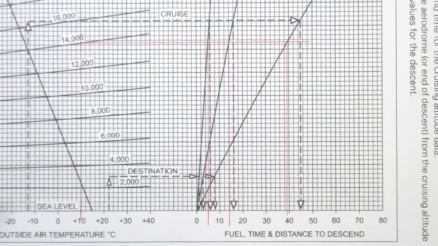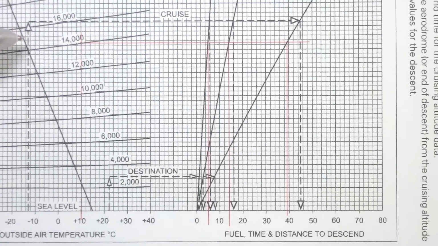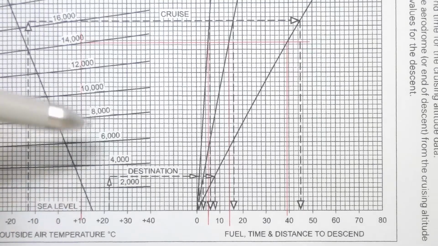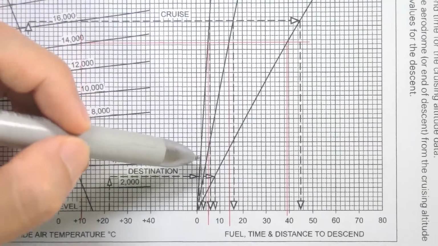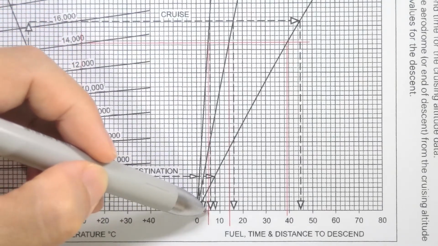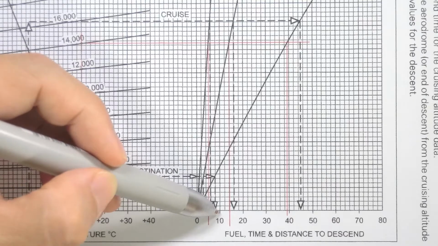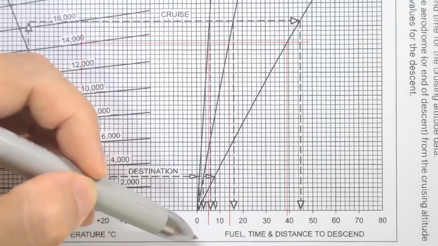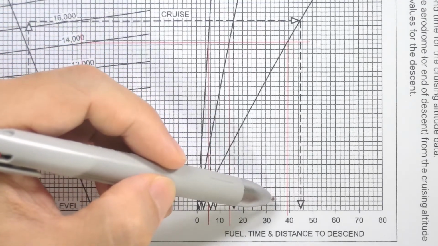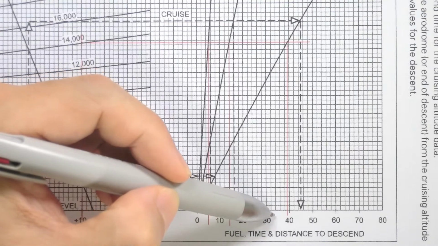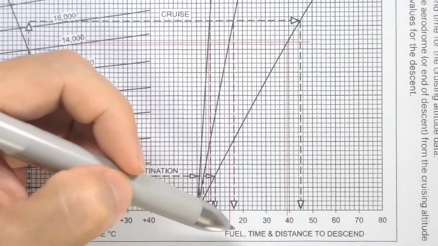Well, these numbers simply mean that from an altitude of 14,000 feet, where the temperature is 10 degrees Celsius, if we were to descend all the way down to sea level, it would take us just over 5 gallons of fuel, 14 minutes, and cover a distance of 39 nautical miles.